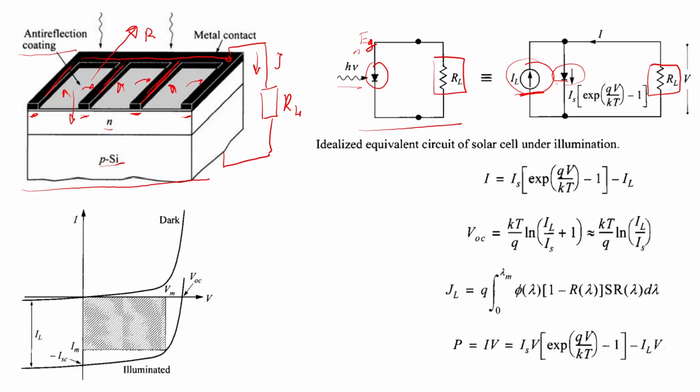And now we come back to this equivalent circuit of an ideal p-n junction. So we have this equation. You remember this equation we derived, the equation for the current voltage characteristic of a p-n junction.